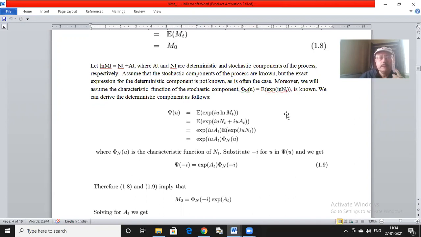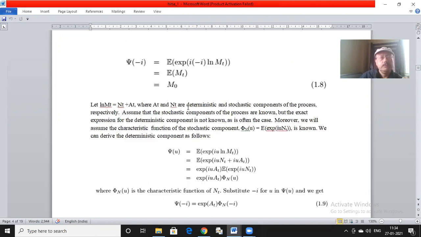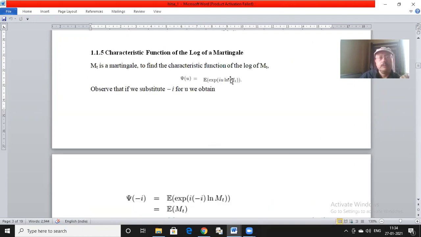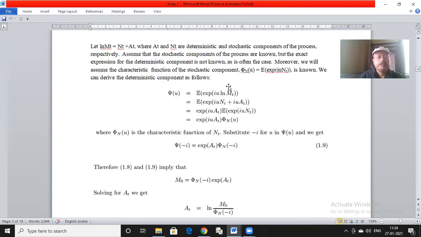So how do we do this? Psi u is our object here that we want to study, the characteristic function of log MT. So psi u I write by definition as expectation of e to the power iu log MT, which I break up into the deterministic and stochastic terms, because that's how we modeled it. So I get a product of two terms.